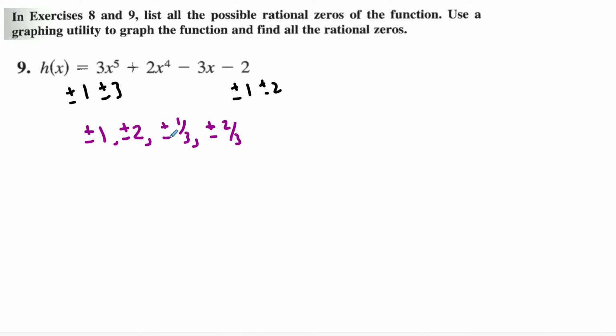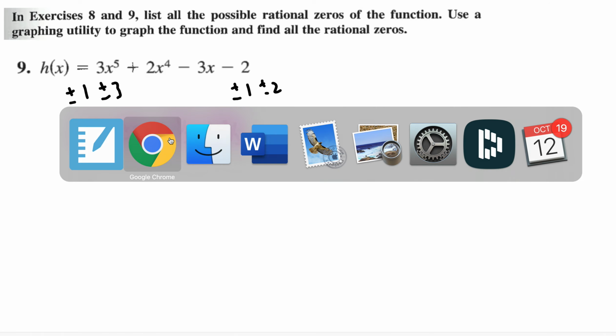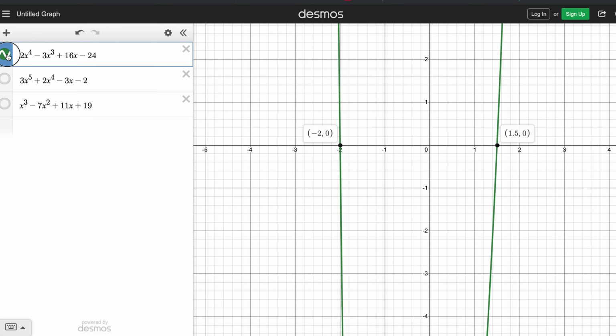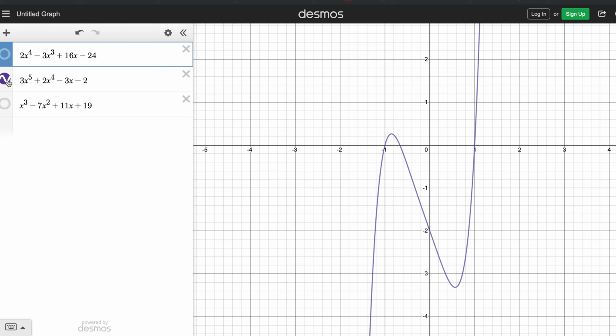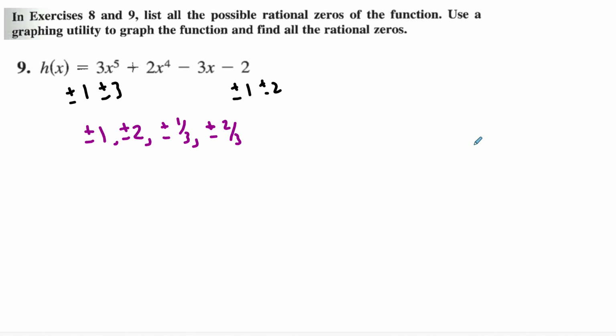Okay? So then we resort to our graphing utility again, and we discover that we are looking at this, which has roots at -1, -2/3, and 1. Okay? So then they want us to do what?